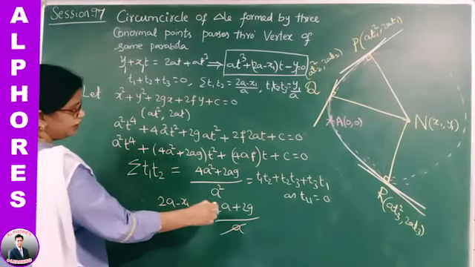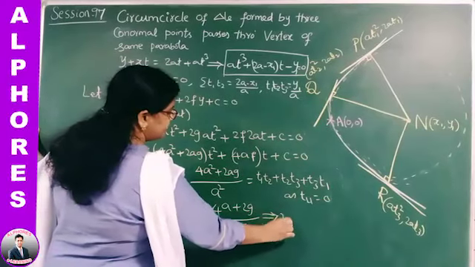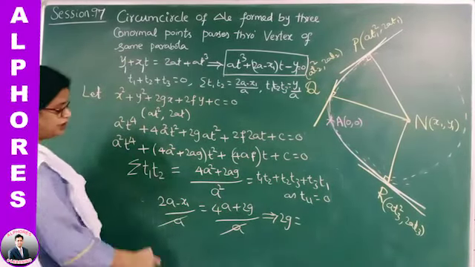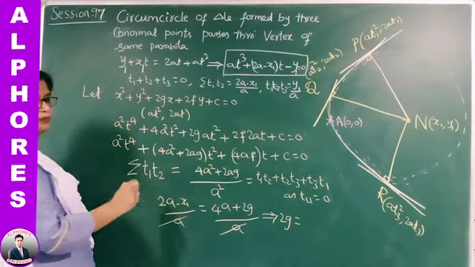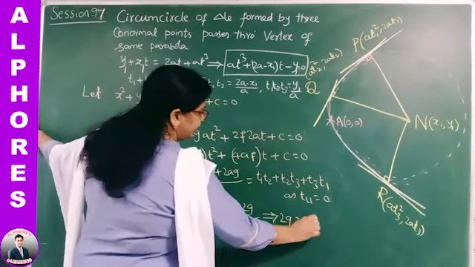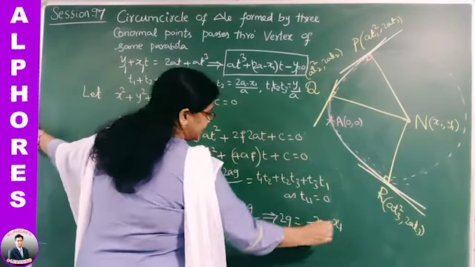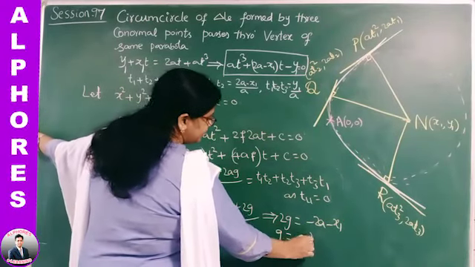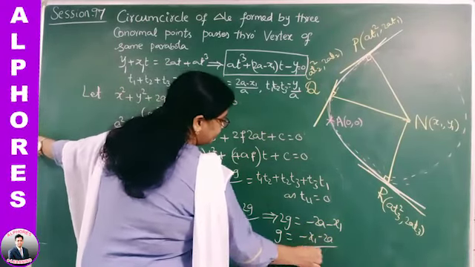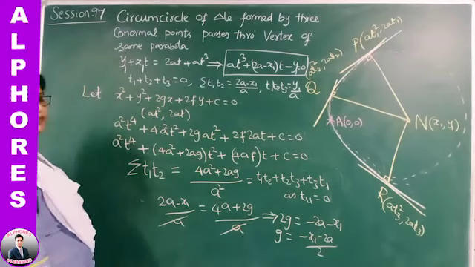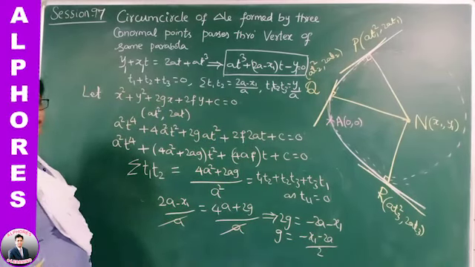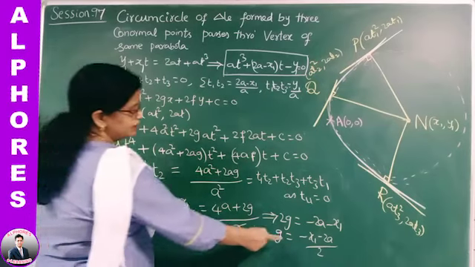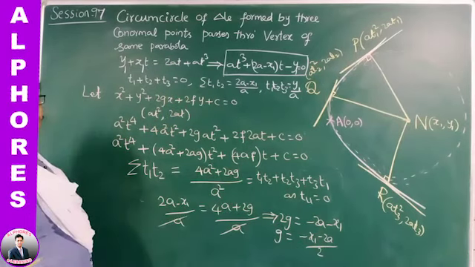Then 2g is equal to, now how much can you get? 2a minus 4a, that is minus 2a, and next this is minus x1. Hence g equal to minus x1 minus 2a divided by 2. So center of the circle here, you got one of the values. Minus g means it is x1 plus 2a divided by 2.